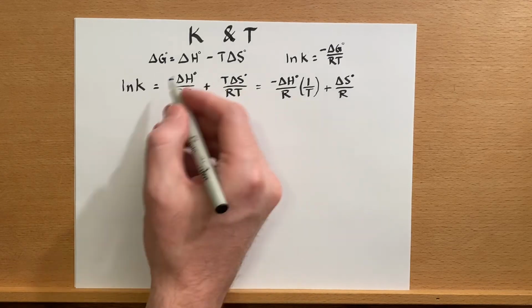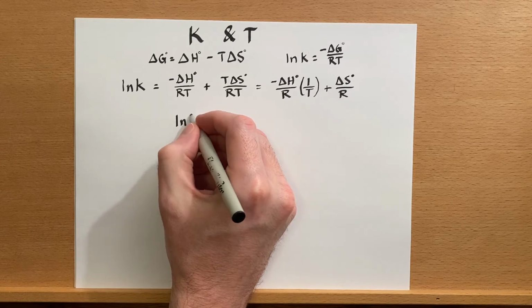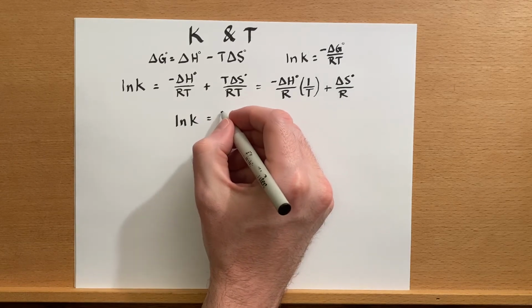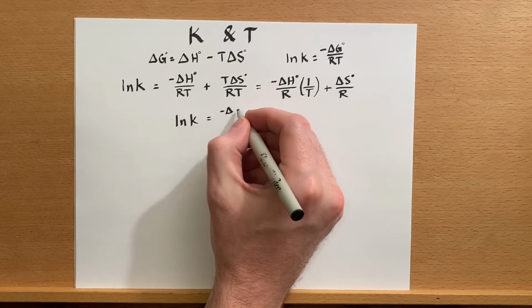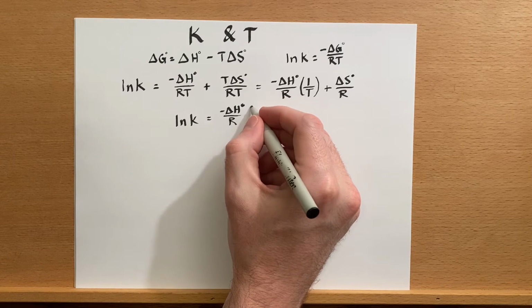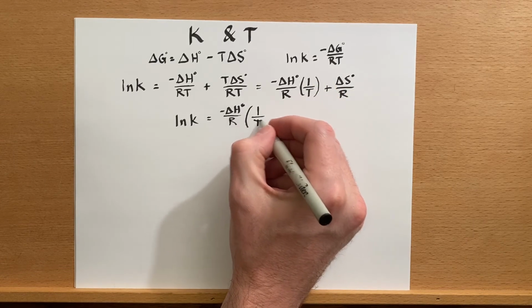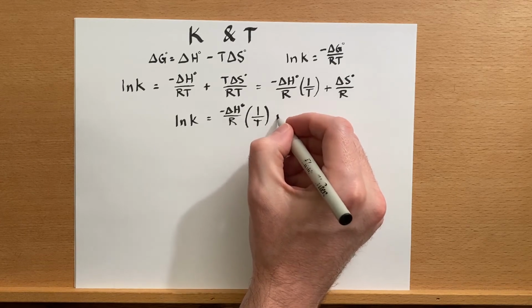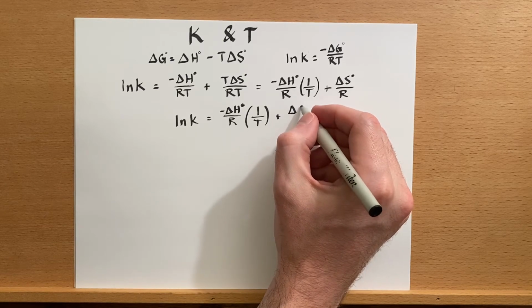Let's write this without this intermediate stuff in here. We have Ln of K equal to something that looks like the slope of a line, something that looks like an x value here, 1 over temperature, plus, and then right here, this looks like the intercept.